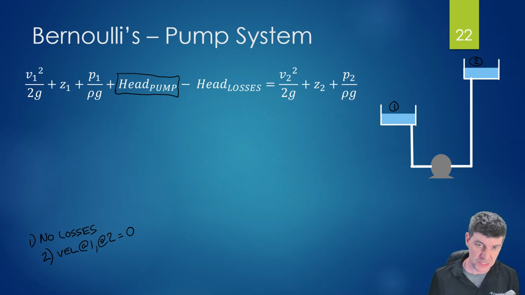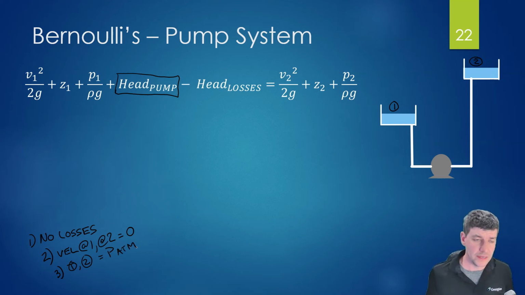Okay, they're not going to be 0, but we're going to assume those tanks are large enough that it's not a noticeable velocity at the tops and bottoms of the tanks. And we're going to assume that both of those tanks, 1 and 2, are at atmospheric pressure. So number 1 and number 2 have no pressure to them.